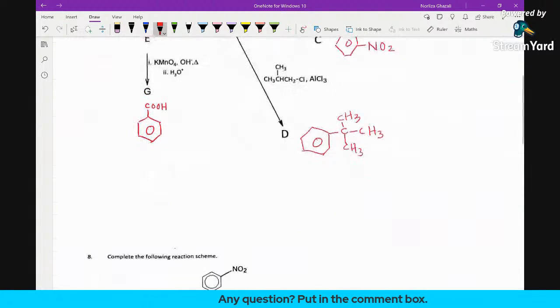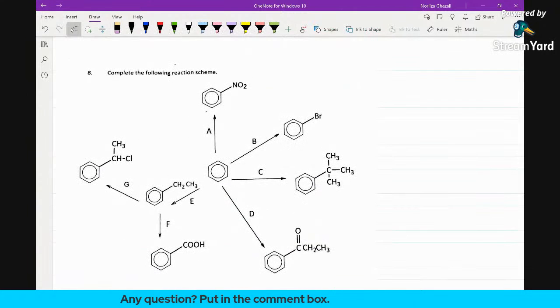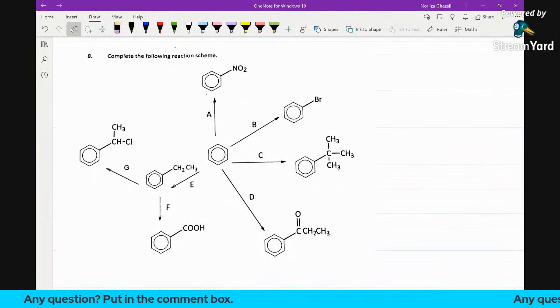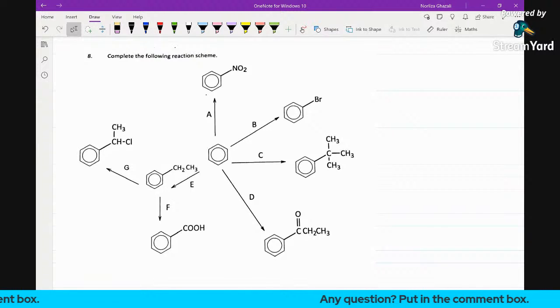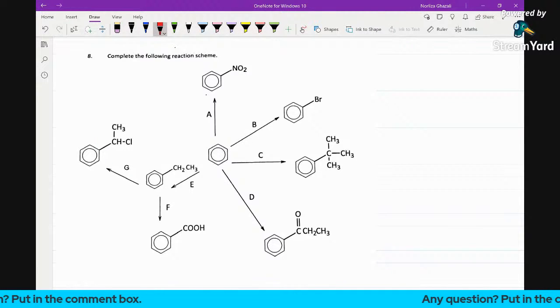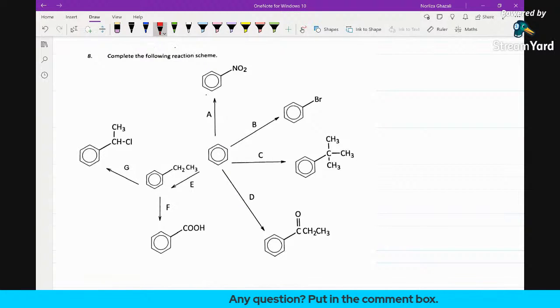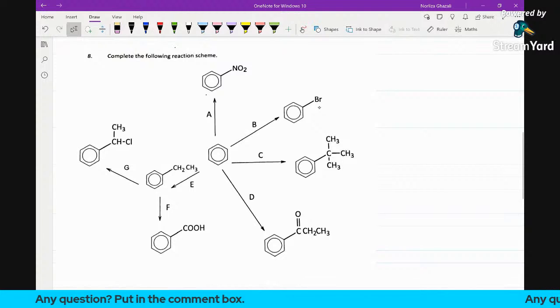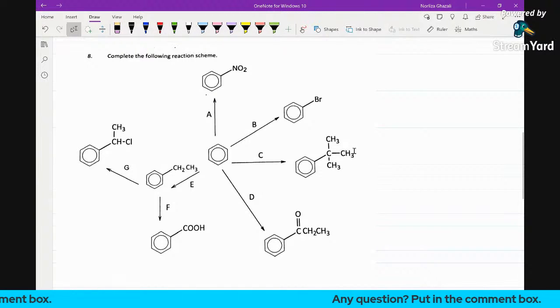Then this one again, okay. So we go very fast here. From benzene, we use a reagent. This one we name the reagent. So benzene with reagent A gives NO2, so name reagent A. Benzene with reagent B gives bromobenzene. Benzene with C gives tert-butyl benzene.